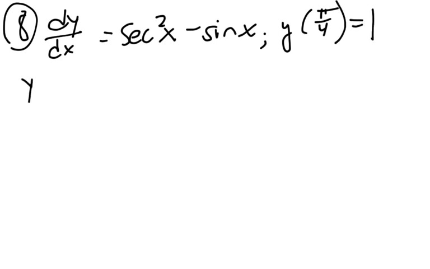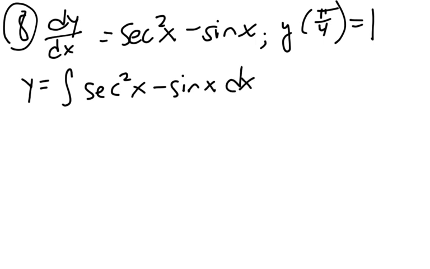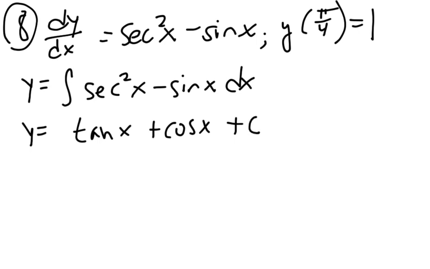So y will equal the integral of this function dx, which means y will equal the tangent of x plus the cosine of x plus c. Plug in this for x and this for y.